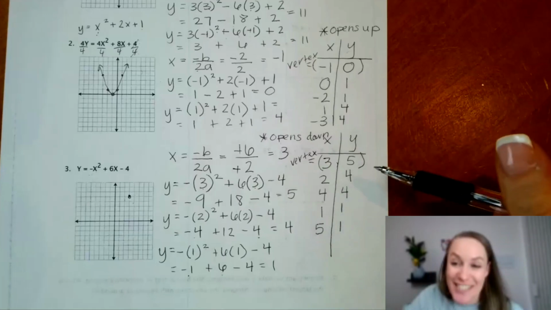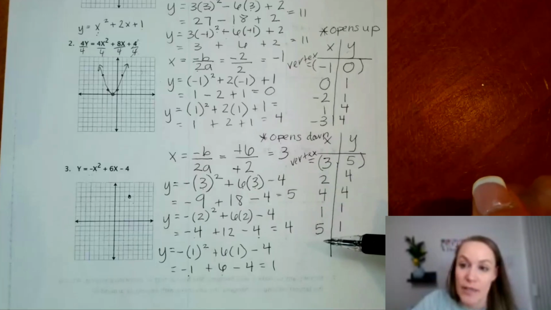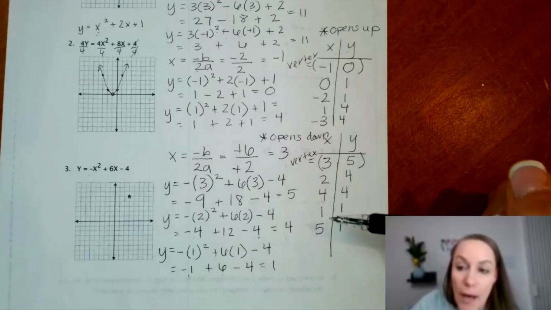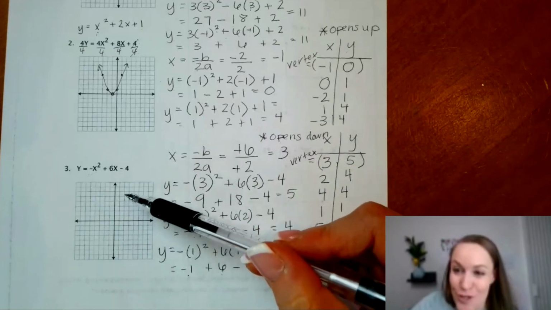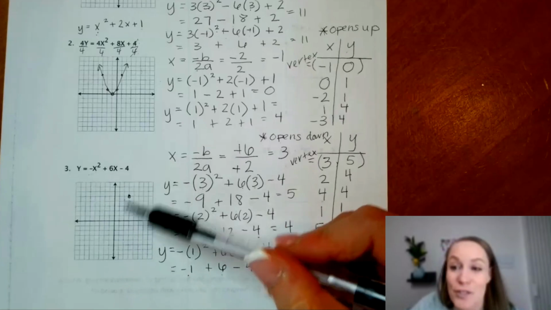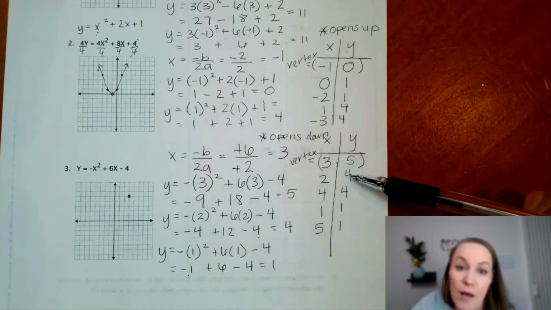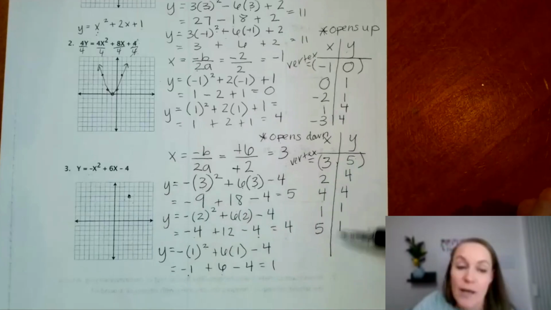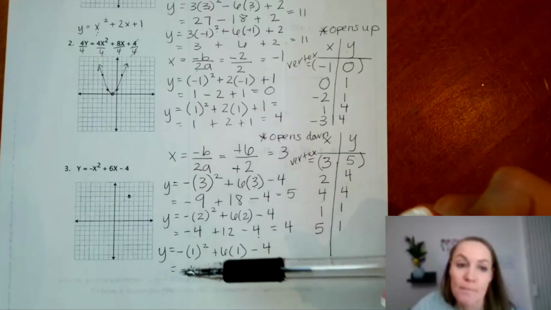Now, I just want to say, these are the values that I chose to plug in and to graph. But there are all of these other values you could have chosen. So there are a lot of values to choose, and it doesn't matter. It's helpful if you get the vertex plus 4 points, but you can get any points that you want to be able to graph this.